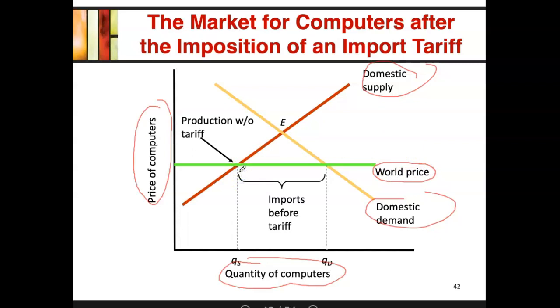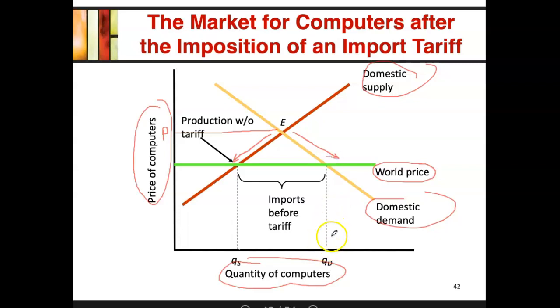Okay. So the world price being lower than the closed economy price, which is given as P over here, you actually have domestic supply decreasing. So you have fewer producers in the market. And you actually have domestic demand increasing, okay?